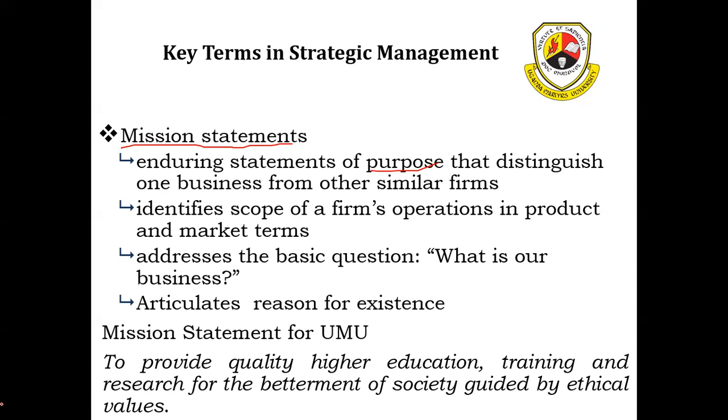So let's just have a look at the statement of UMU: to provide high quality education, training, and research for the betterment of society guided by ethical values. Now, you look at a phrase like ethical values, that's a key point in UMU. When UMU was being started, the ethical values were highlighted. So that differentiates UMU from other institutions.